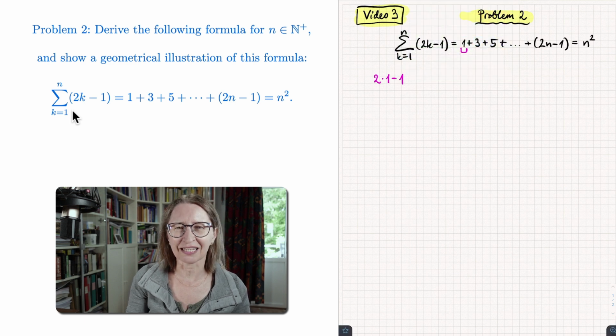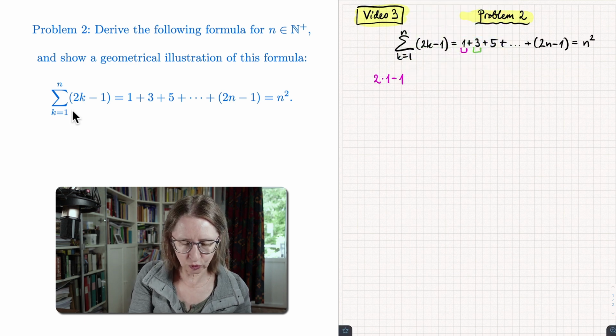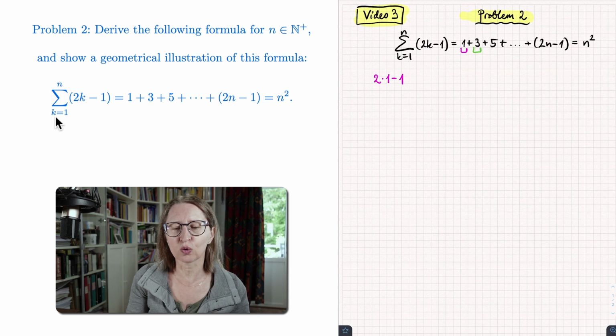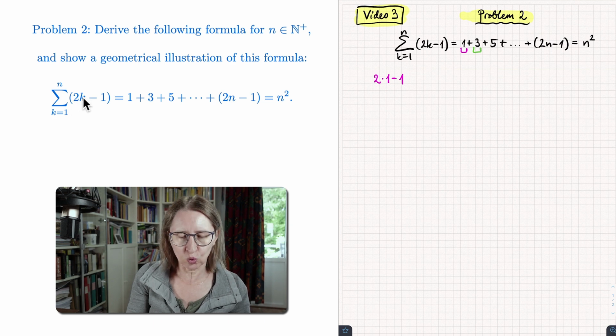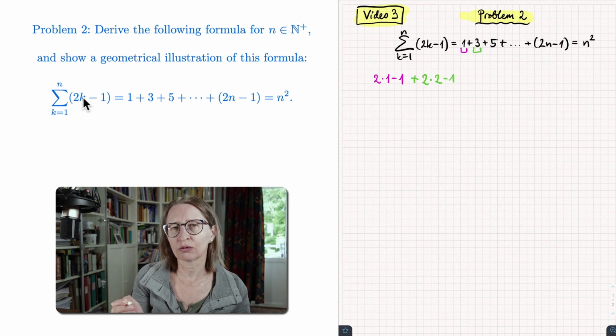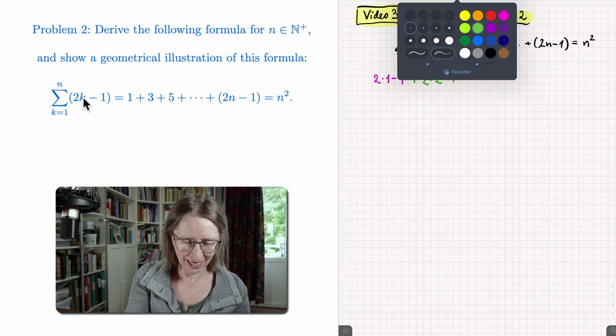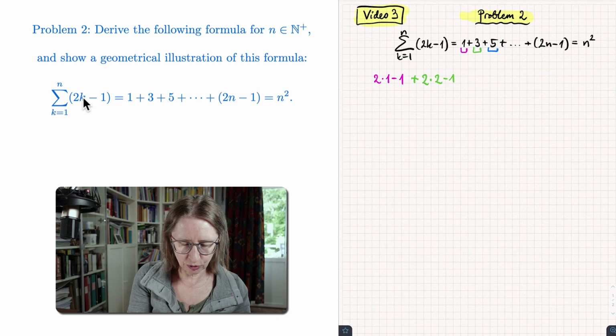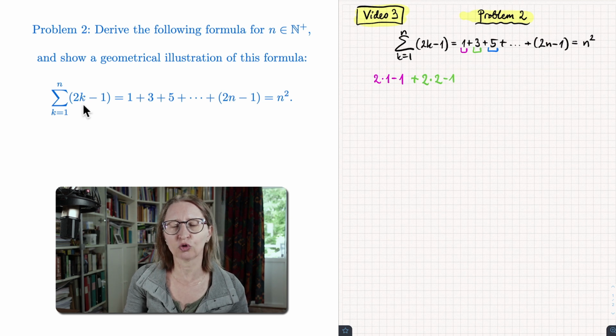Then I take another color and I move to the number 3, which is produced from k equal to 2. 3 is equal to 2 times 2 minus 1, right? It is 4 minus 1. Then the next one will be produced with the help of k equal to 3.